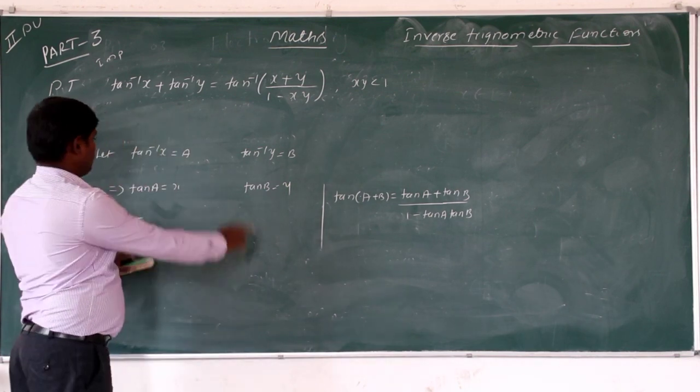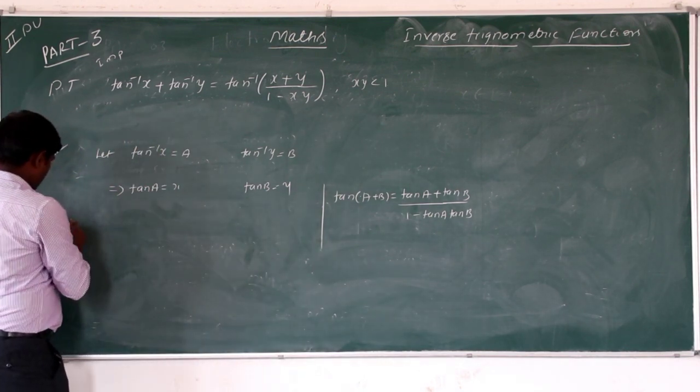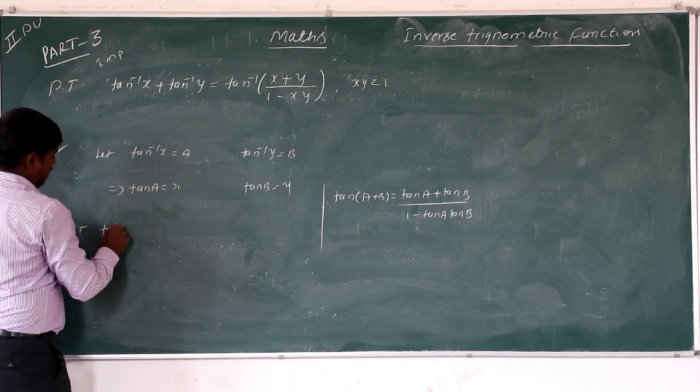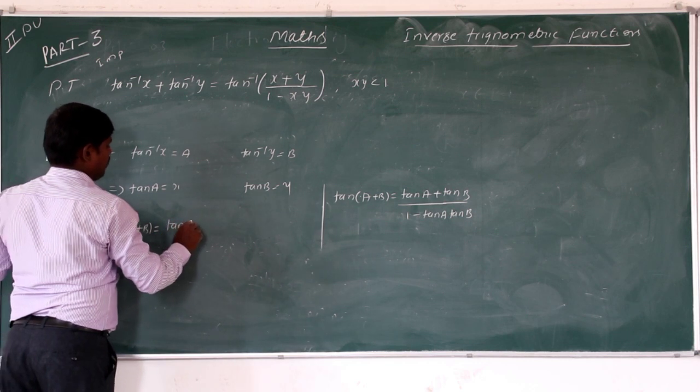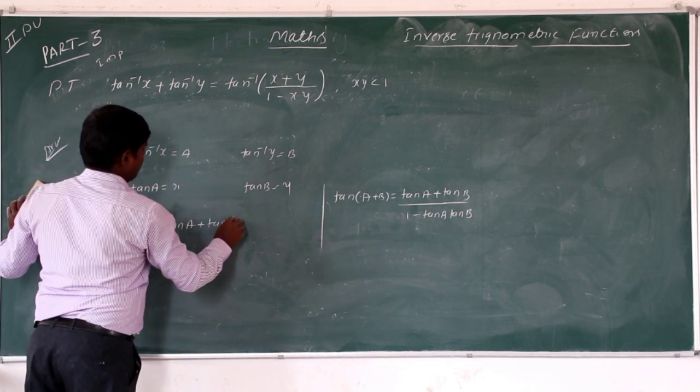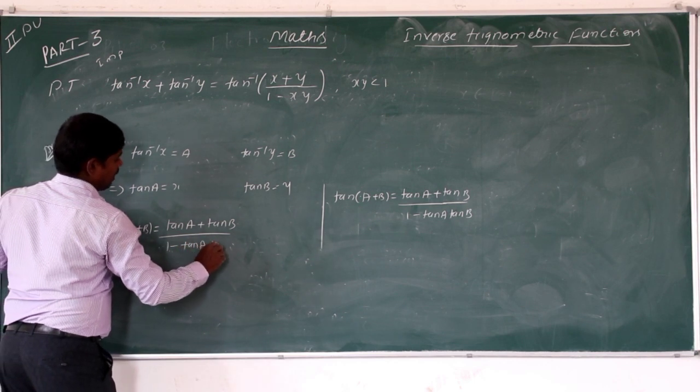By using that formula, tan a plus b is equal to tan a plus tan b divided by 1 minus tan a into tan b.